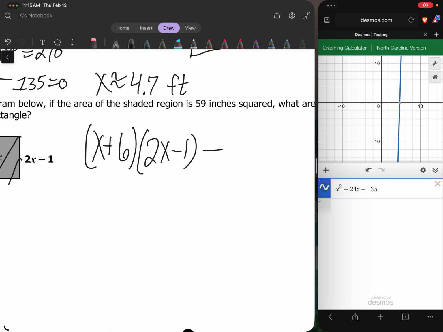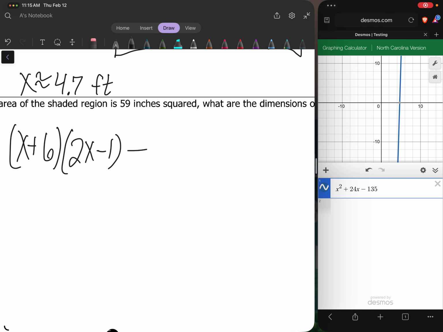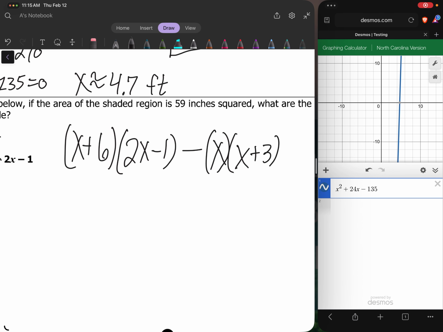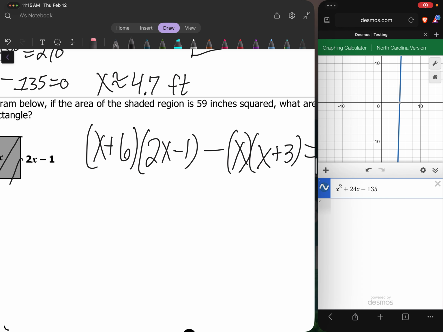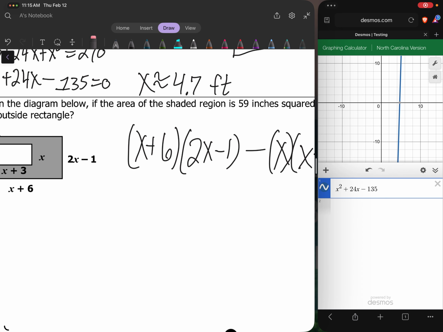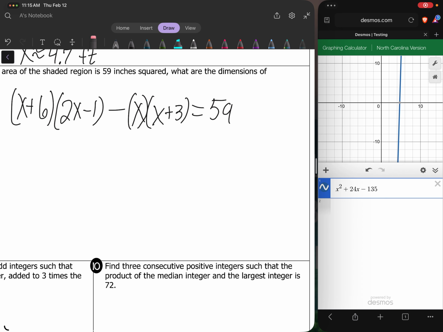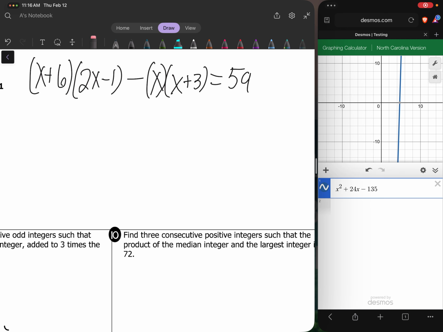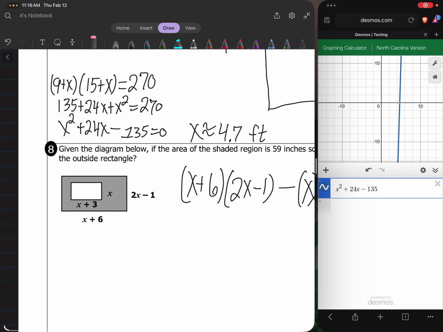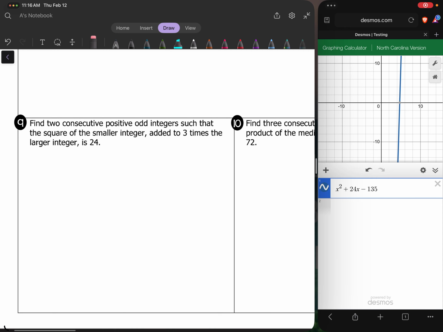But then I'm going to take out that white rectangle of x times x plus 3. And when I take out the white rectangle, I will have 59 square inches. There's the formula to solve. And then plug it back into the outside rectangle to get the dimensions.